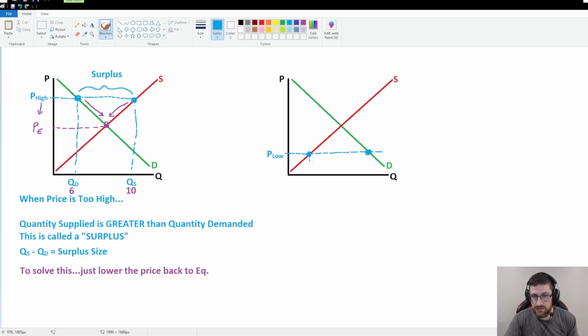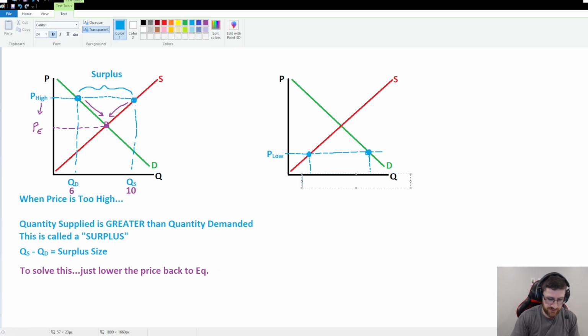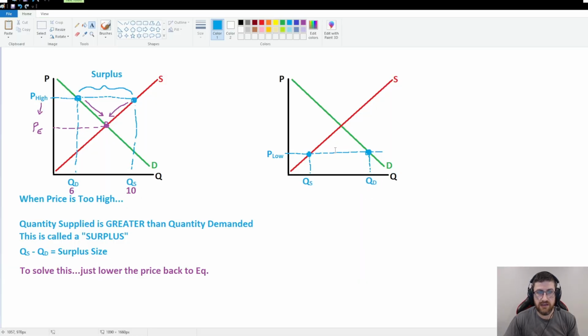And then what does that mean? Well, I'm going to get QS and QD. Very similar to what we just did, except in reverse order, because again, if we're doing a different thing, we should get different results. Right? And we're going to be able to say a lot of the same things we just said.